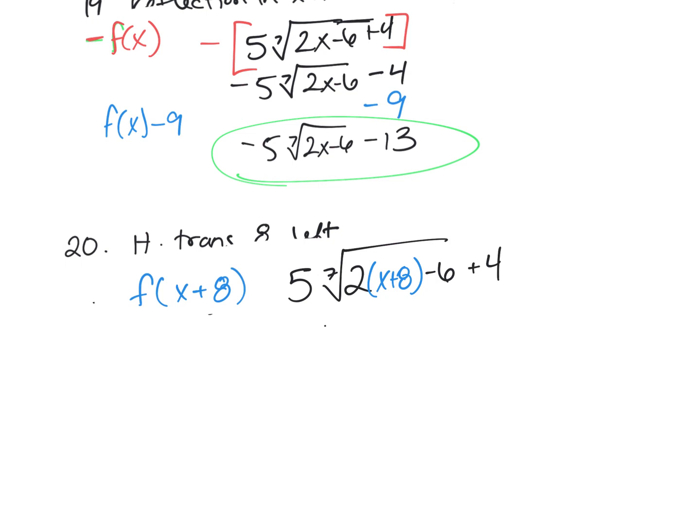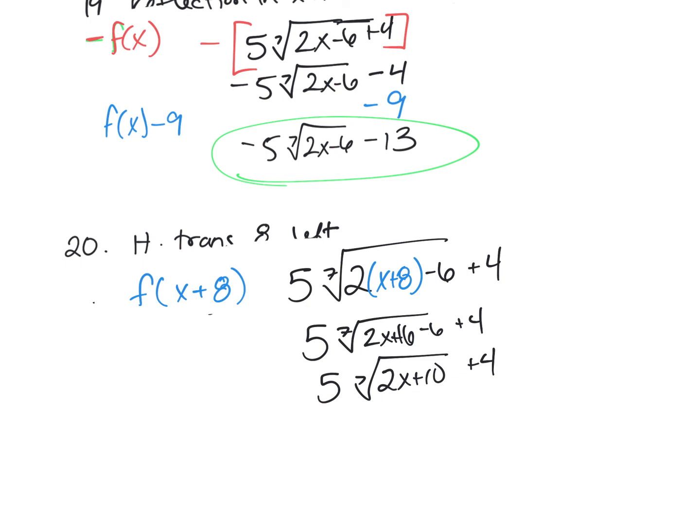So we get 5, 7th root of 2x plus 16 minus 6, 5, 7th root of 2x plus 10 plus 4. 4 is not added to the 10. 4 is outside. The 10 is under the radical. Okay, so this is what tomorrow's homework is going to be on.